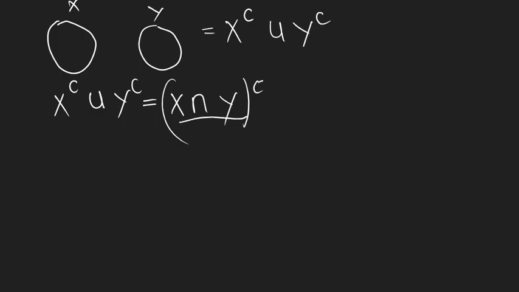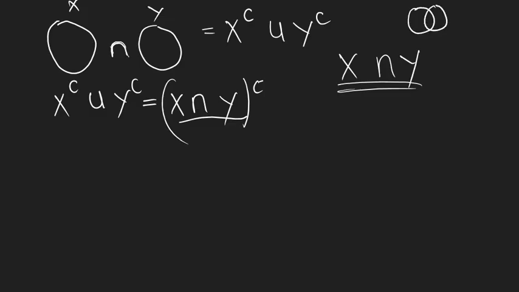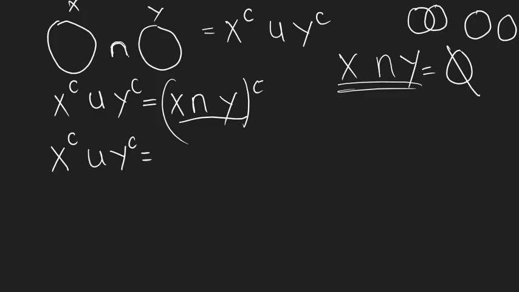Then you get what is inside: X intersection Y. According to what we have been told, there is no intersection here. These two can't intersect because they are not attached. Intersection means like this, but these two are like this. So what is the answer here? X intersection Y is the empty set. So X complement union Y complement equals the complement of the empty set.